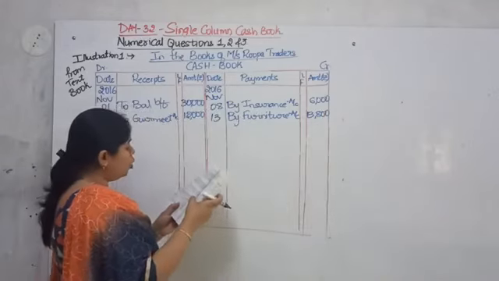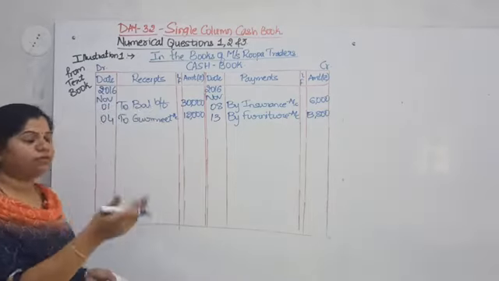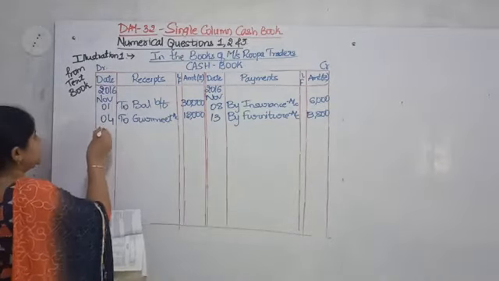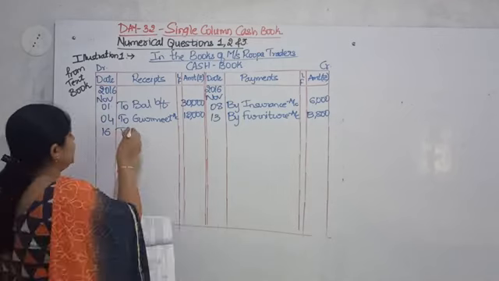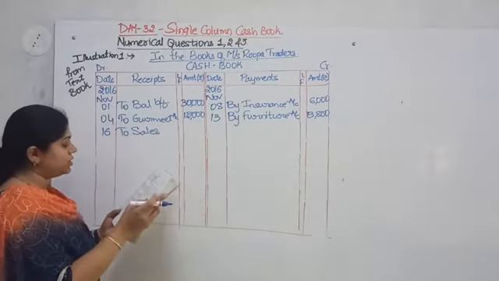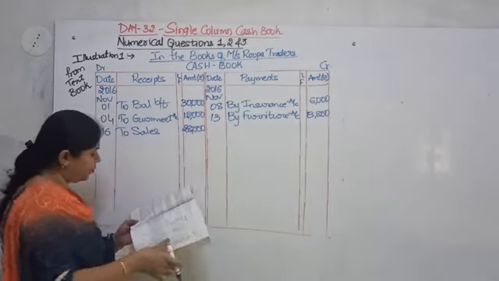Next, sold goods for cash. So whenever you will do sales, cash will come or it will go? It will come. So for what date? See, it is 16. To sales. Write down the amount. What is the amount? See, amount is equal to rupees 28,000.